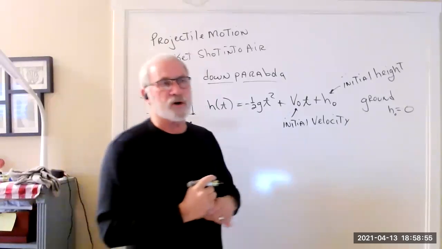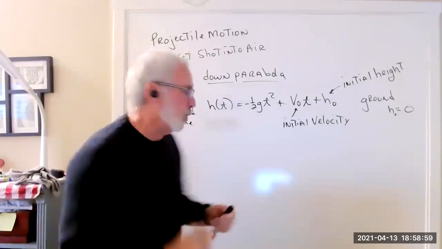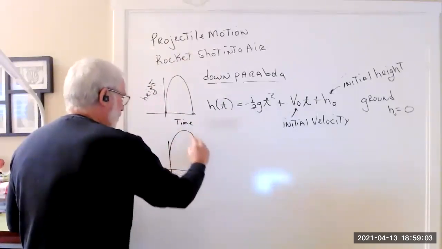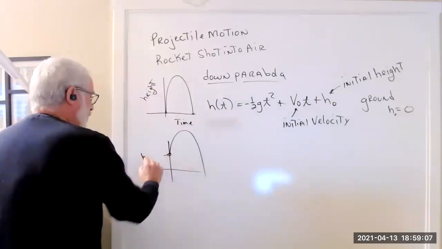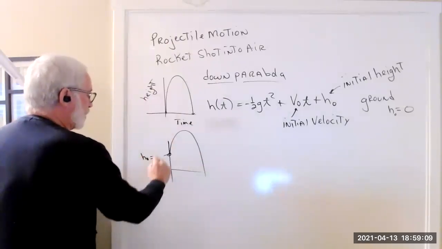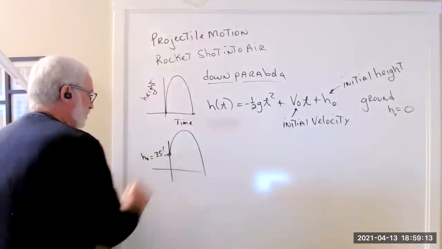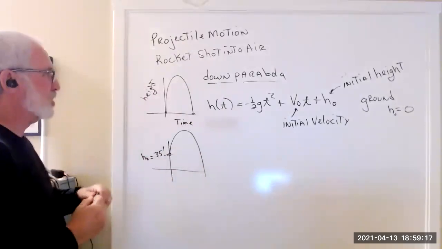But what if it started at the top of a 2-story building? What if your rocket started up here? Then your H naught, your H sub 0 might be something like, I don't know, let's say 35 feet. It all depends on where it starts.